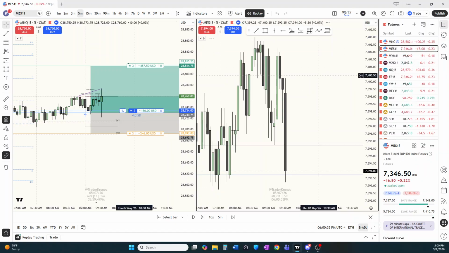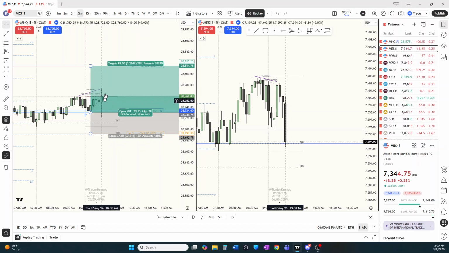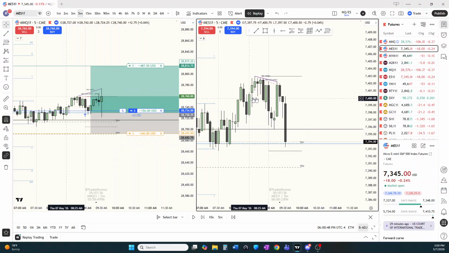Checking ES, you can already see that move starting to play out on ES, right? Now ideally I would like ES to follow suit with NQ, but this just tells me I'm going to get slow delivery if ES is siding with YM. So basically NQ is kind of like the standalone for now.